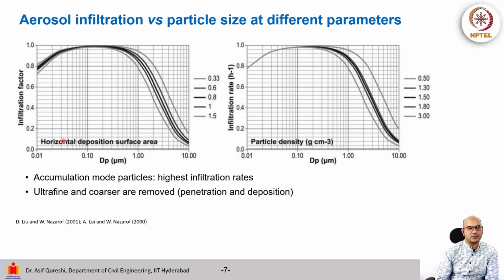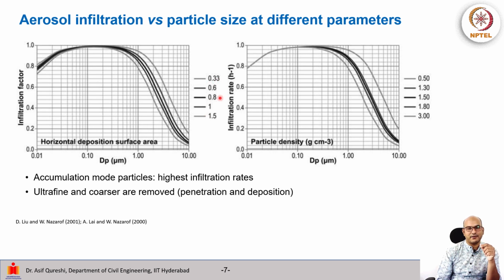And we see horizontal deposition surface area, the surface area available for deposition. If we look here from 1.5 to 0.33, this is almost a factor of 5 change in deposition area.